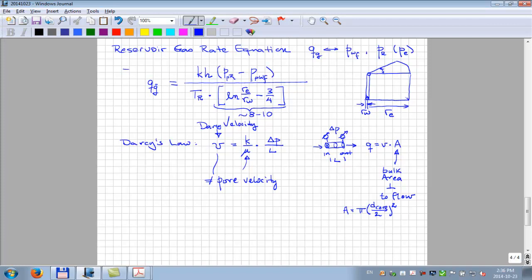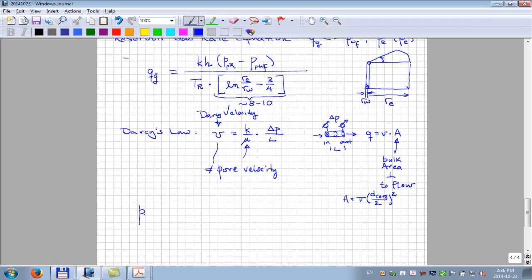Pseudo pressure is going to be defined as the integral from 0 to true pressure of P over mu Z. I realize there's a lot of P's in here, so you want a variable to do the integration on. That is basically P over mu Z dP from 0 to the pressure of interest.